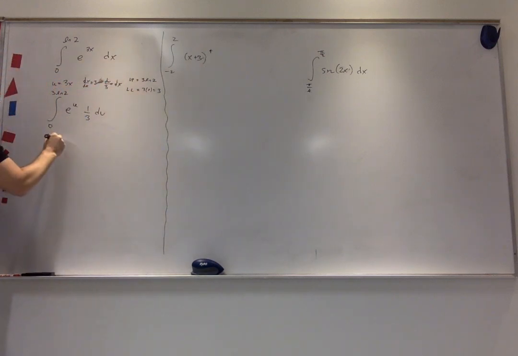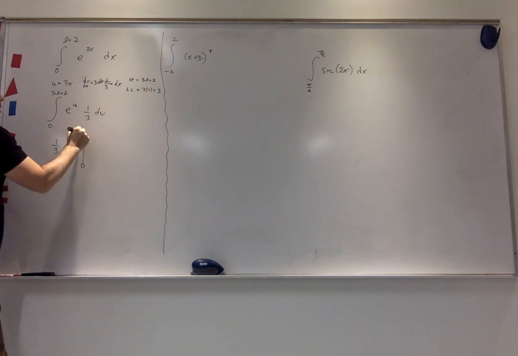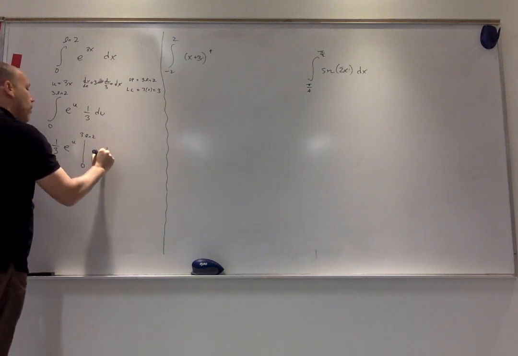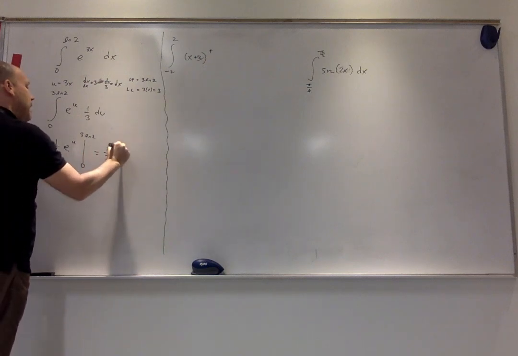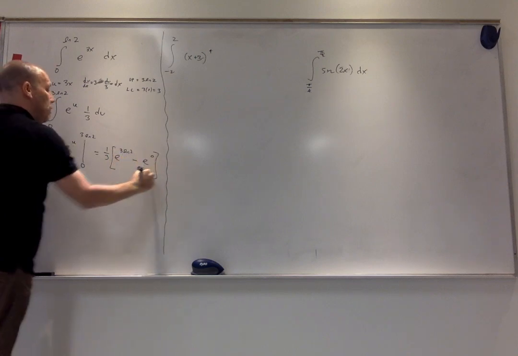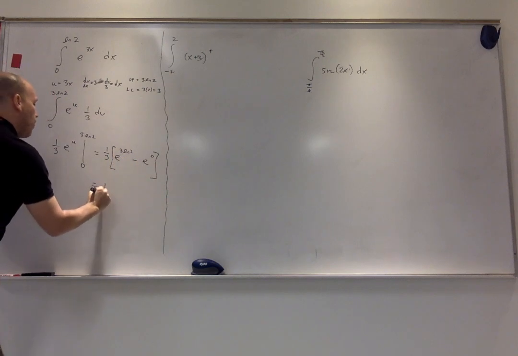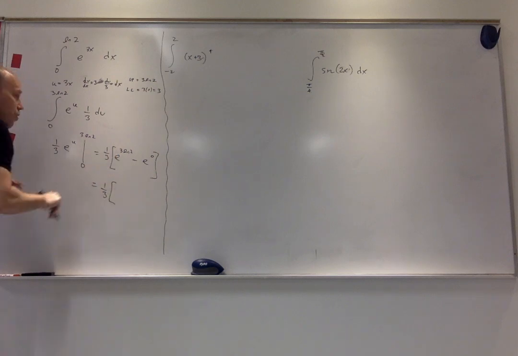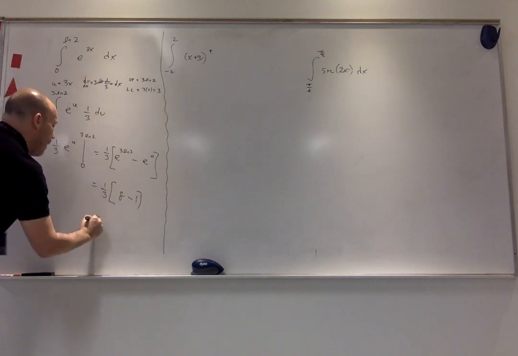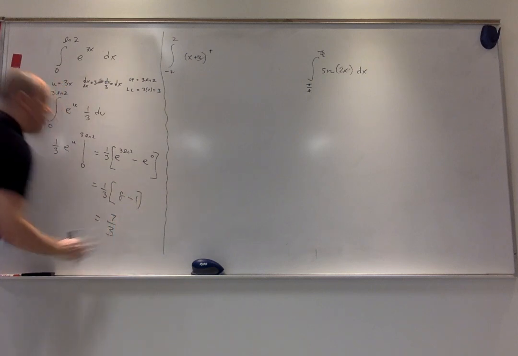So now we have 1/3 e to the u from 0 to 3 ln of 2. We have 1/3 times e to the 3 ln of 2 minus e to the 0. What's e to the 3 ln of 2? That's 8. 8 minus 1. Final answer, 7/3.